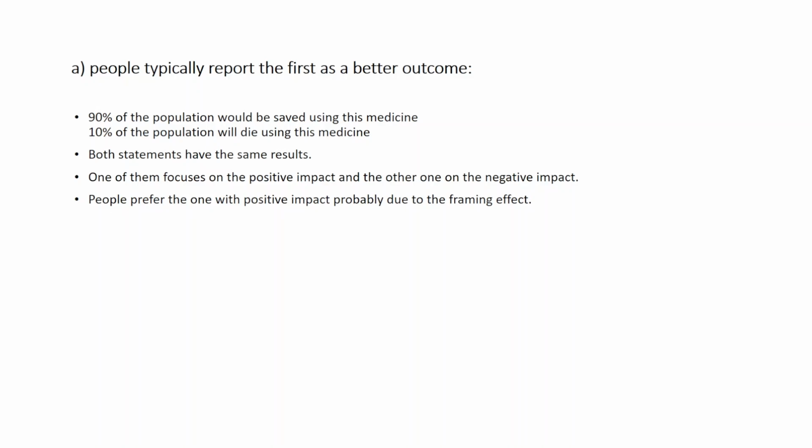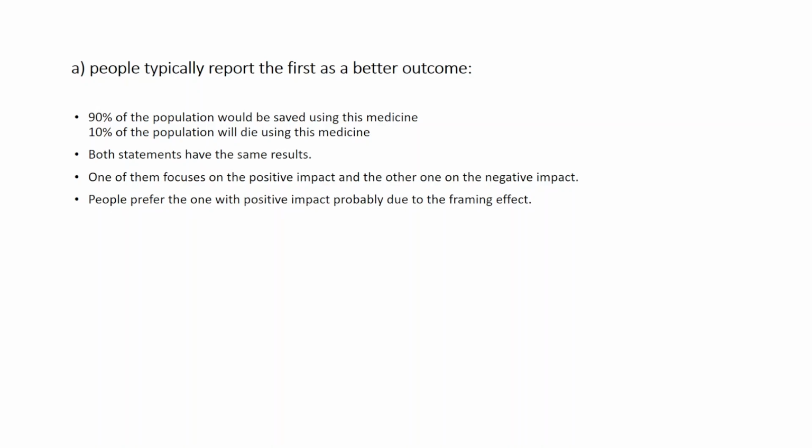People will find that the first one has a better outcome, although both of these situations have the same identical possibilities. So they have the same results.